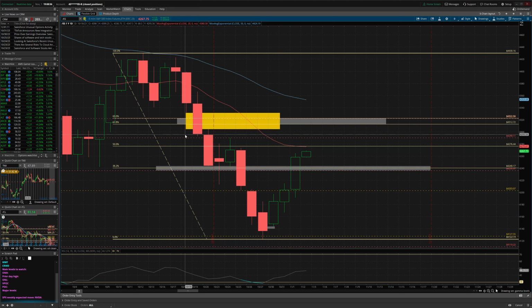That's an inefficiency on the sell side from this whole leg down, right? You can see that there's no inefficiency from this low to this high right here, but from this other one, we're pretty far apart. And going up to the 65% retracement does not fully fill the gap.